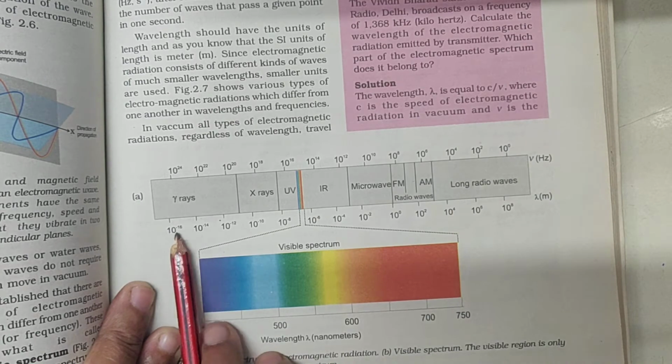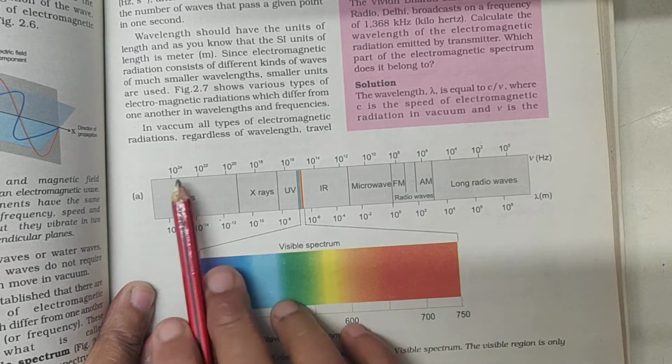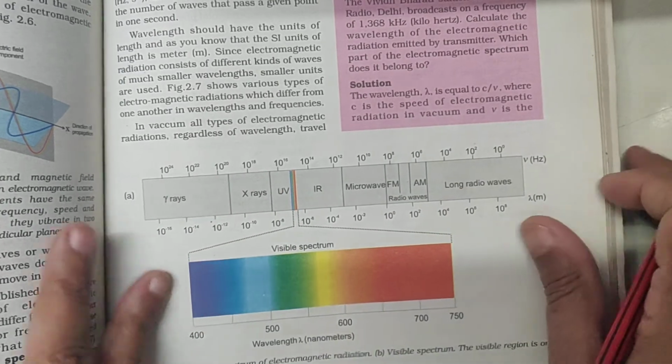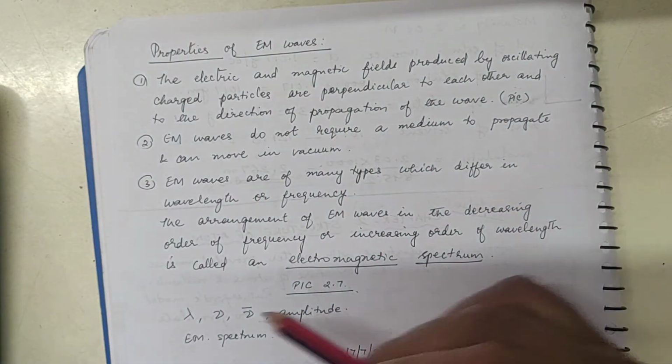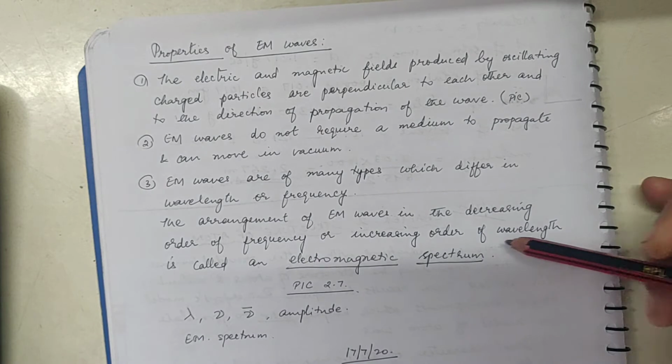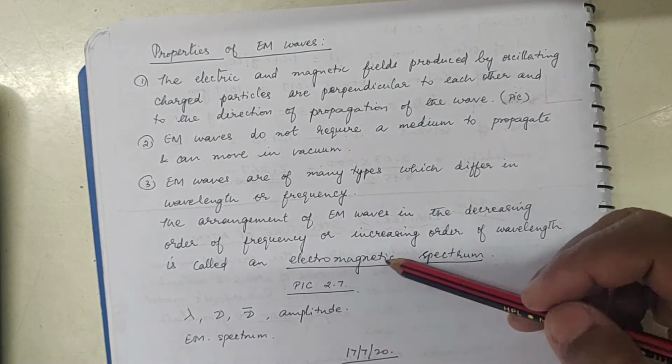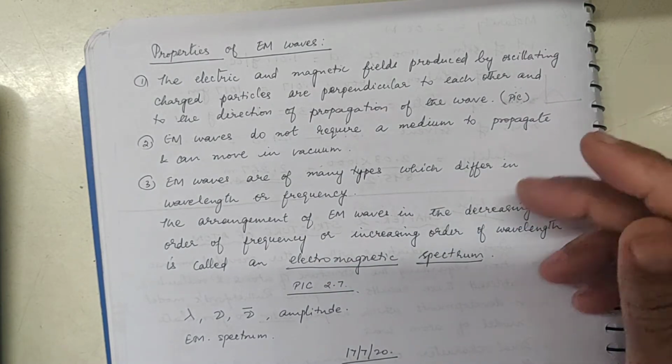So here the wavelength is increasing and frequency is decreasing. So that is what you say, that the arrangement of EM waves in the decreasing order of frequency or increasing order of wavelength is called electromagnetic spectrum.